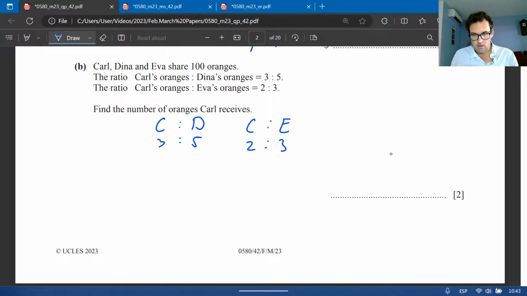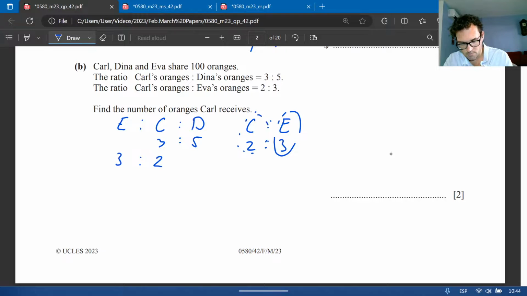So what I am going to do is put Eva into this ratio. Eva's ratio is 3, but when Eva's ratio is 3, Carl's ratio is 2. So Eva's ratio to Carl's ratio is 3 to 2. Carl's ratio to Dina's ratio is 3 to 5.